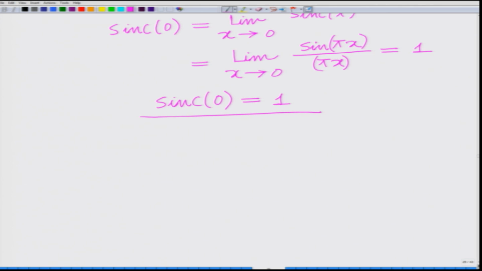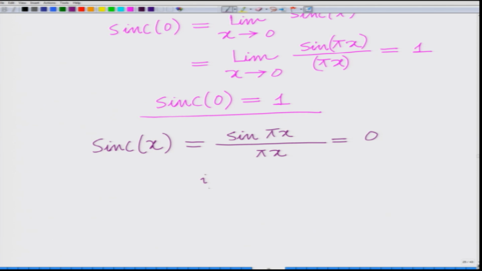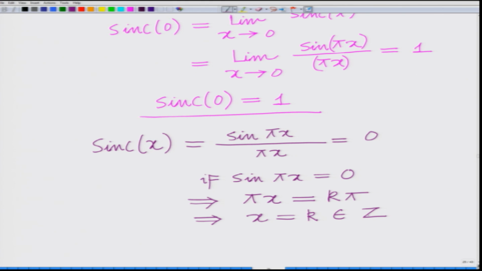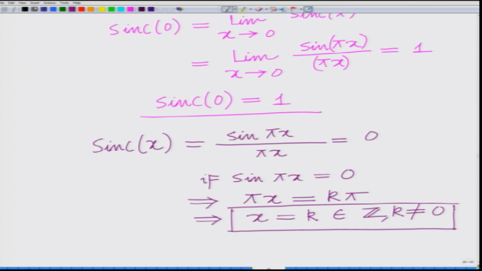And further notice that sinc of x, which is sin pi x over pi x, equals 0 if sin pi x equals 0, which implies pi x equals any multiple k times pi, which implies x equals any integer k other than 0.